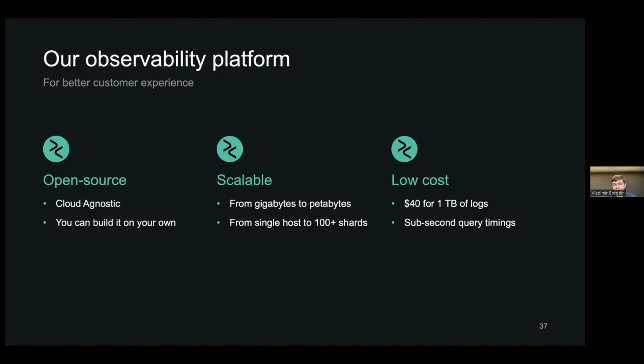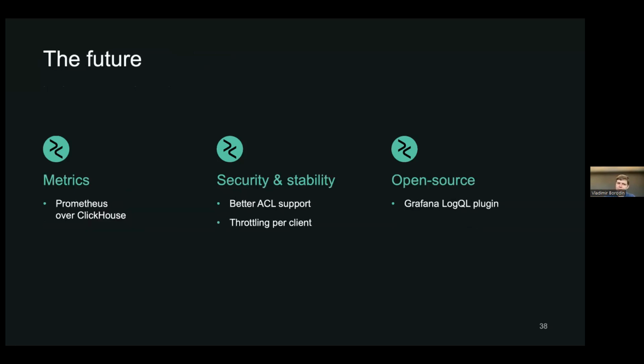And when you query your logs or traces, you get sub-second latencies. And as I mentioned at the beginning of the presentation, we do all that to have good observability of our whole platform to provide a better experience for our customers.